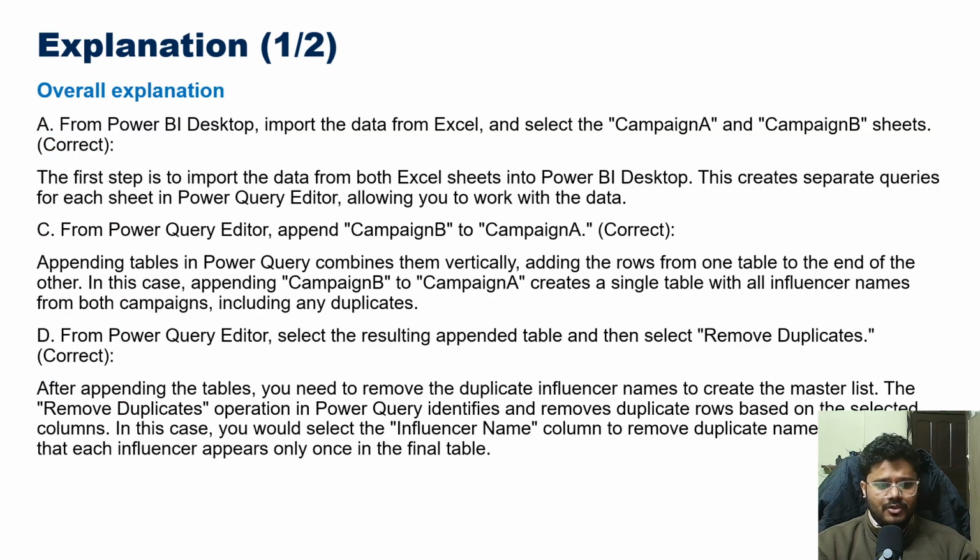Let's look at the overall explanation for this question. You can see the options available to us, for campaign A, campaign B, etc. You can pause this slide and go through the information, about what the steps available in Power Query Editor are, and why we selected ACD in sequence, and why step B was not selected.